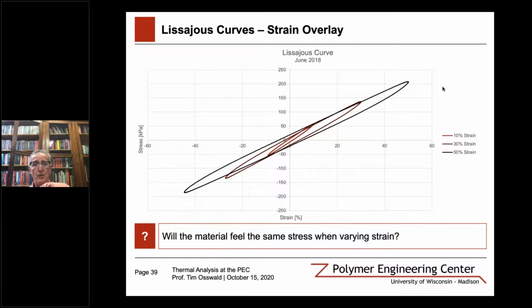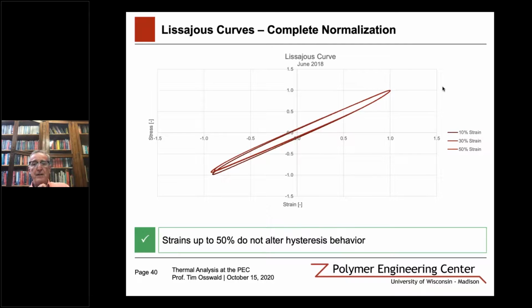But if we take this Lissajous curve in June 2018, we can normalize it in stress and strain. So now everything goes from -1 to 1 in strain and from -1 to 1 in stress. You can see they all fall one on top of the other, relatively close, which means that at 10, 30, and 50%, we still have a very similar linear elastic behavior. As long as this curve stays like an ellipse, the material behaves like a linear elastic material.